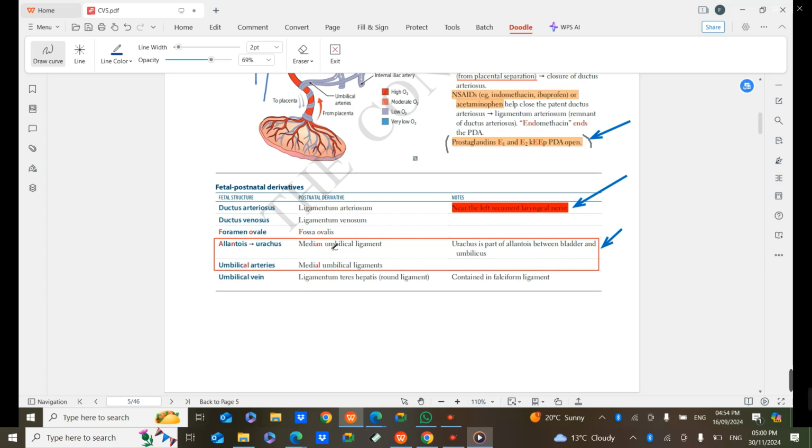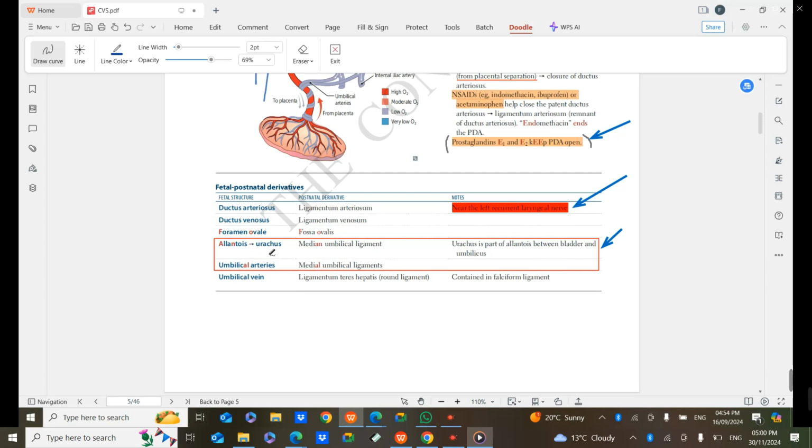They sound and look alike. That's why they test it very well, because you can easily miss it if you are not very careful. They will just say, this allantois, what is it going to give rise to in the postnatal period? Option A, medial, option B, median.